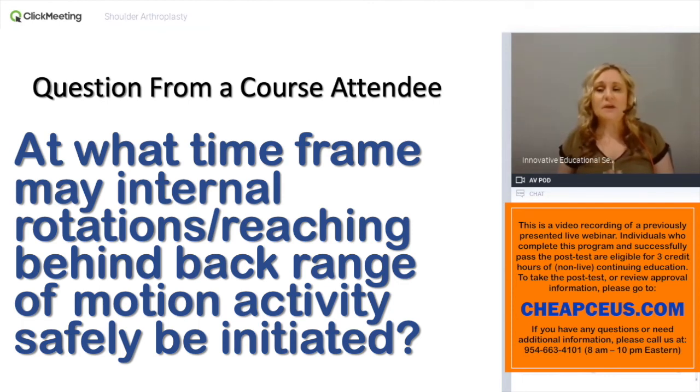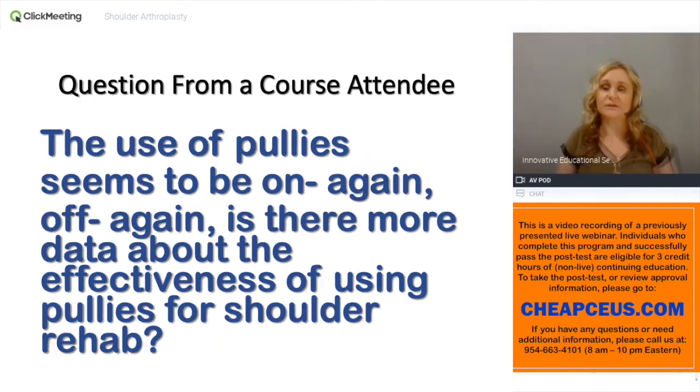Generally speaking, the protocols that I was looking at, it seemed to be after the 2-month mark. But again, you really need to follow the physician protocol, and now you have more information to help you guide that conversation with them to understand why their protocol is as restrictive or as free as it is, and how it may not apply to all patients as only one standard.